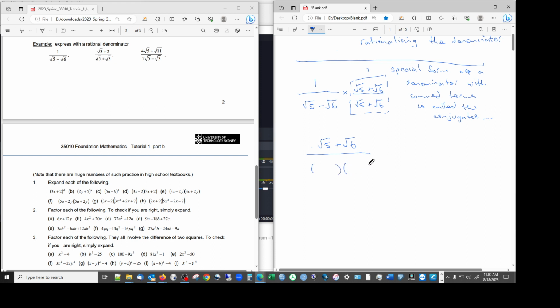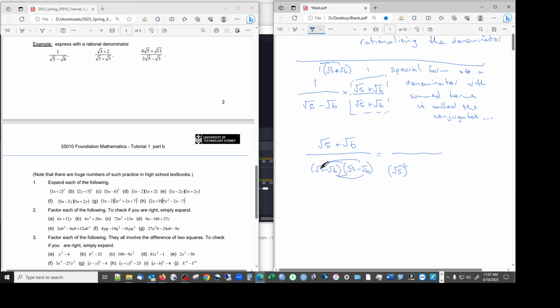That's fairly straightforward. But the bottom has brackets we're going to introduce now: root 5 minus root 6 times root 5 plus root 6. And so we'll have to do our FOIL expansion across all of that to get that out. So 1 times the bracket plus root 6 is just root 5 plus root 6, keeping that numerator simple. On the bottom here, we're going to get root 5 times root 5 is root 5 squared, so that's going to undo.